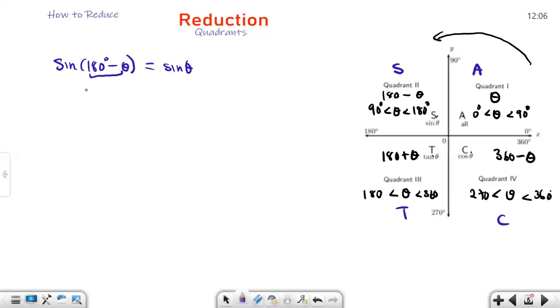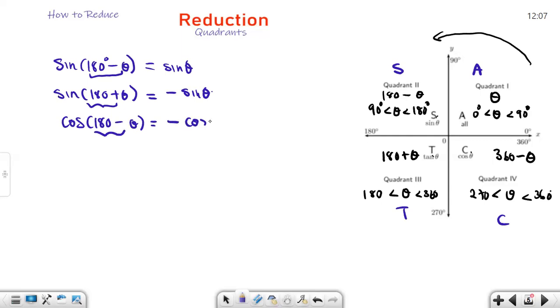If I have sine of 180 plus theta, this is the third quadrant, and that's where sine is negative. I'll repeat. If I give you cos of 180 minus theta, this is the second quadrant, and in the second quadrant only sine is positive. That's what we know.